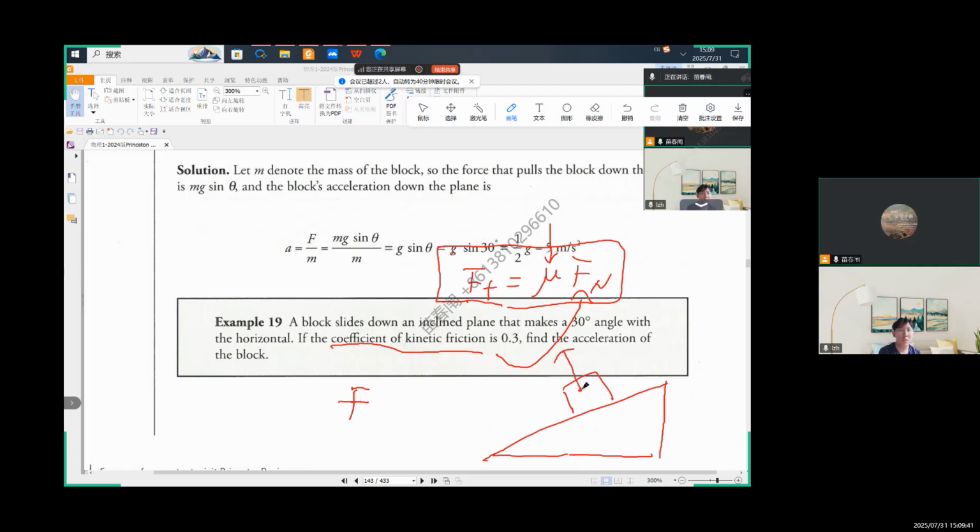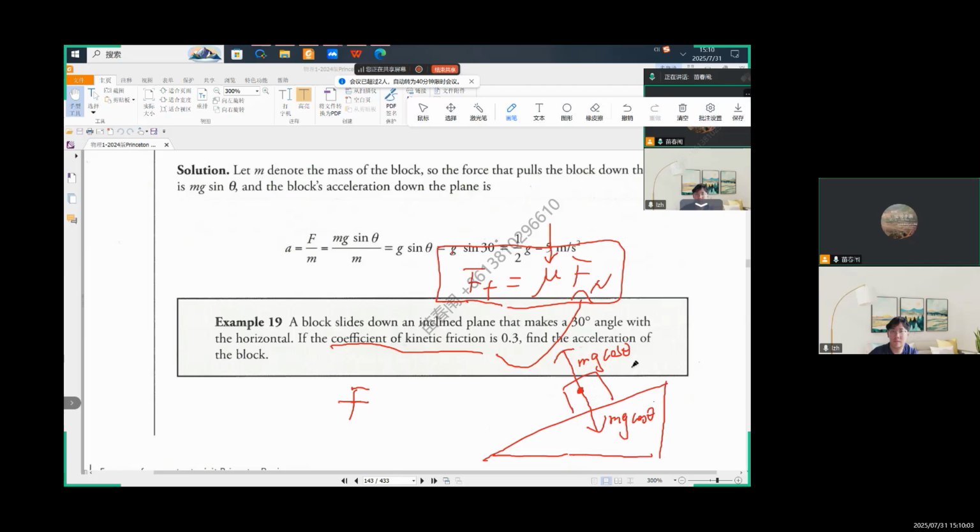It also satisfies Newton's first law in this direction, because it's not going anywhere in this direction. There's no velocity in this direction, and acceleration is 0. So this one is what we said is the mg cos theta component of gravity. It's balanced with that, so this one must be mg cos theta.